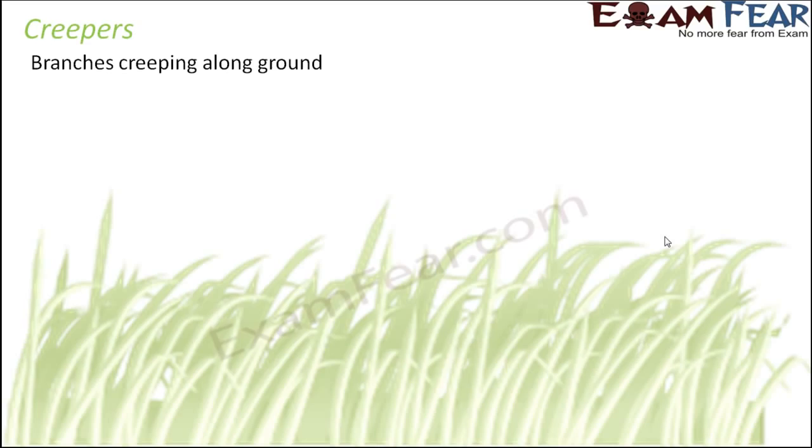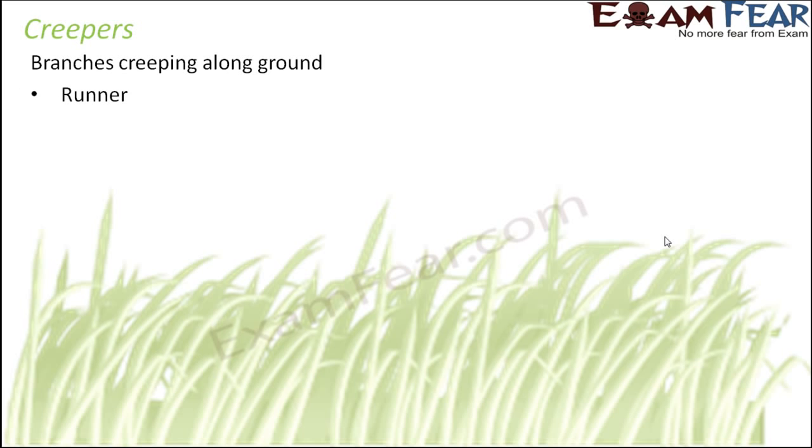Because the trailers also trail along the ground and the creepers also creep along the ground. So what's the difference? In case of trailer, you would have seen that the branches always trail above the ground. But in creepers, we will actually see just in a while that they not always creep above the ground. Sometimes they creep below the ground and then suddenly they emerge out of the ground. So we will have a look at them.